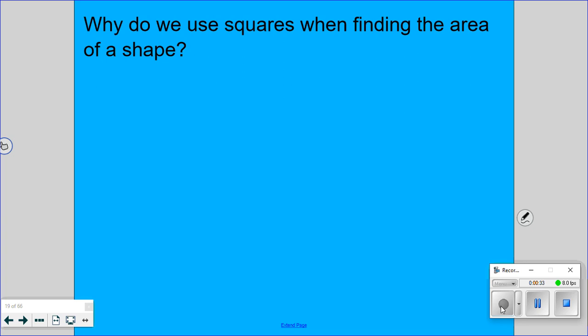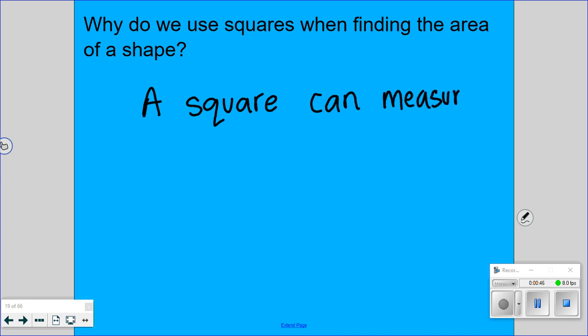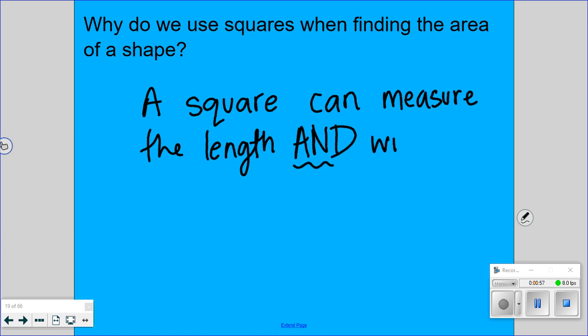Think about our square tiles. A square can measure the length and width at the same time.